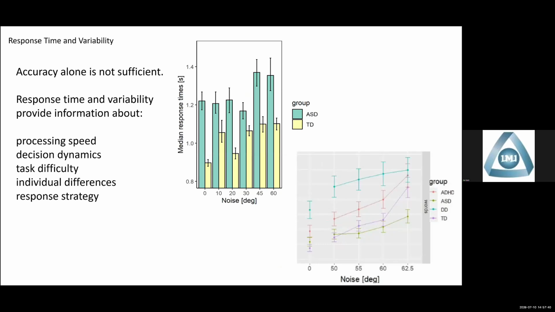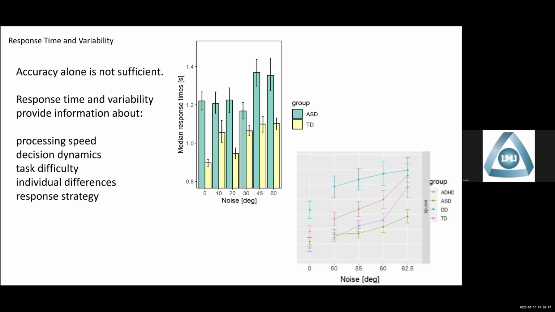At the same time, it turned out that accuracy is not the only measure that we can integrate. Reaction time, let's say response time, was typically increased in the group with autism, even in comparison to the other developmental conditions and of course to typical development. Again, this is for the task with contour integration, but could you notice what happened in the reading task?